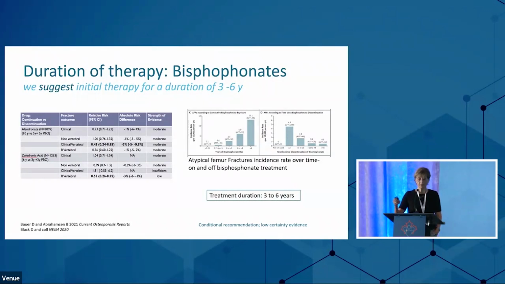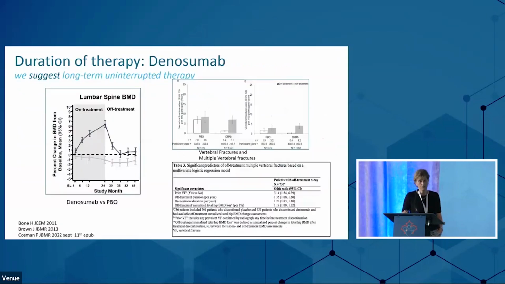On the right-hand side, you can see that the incidence of atypical fractures, even though it is a rare event, does increase with cumulative use of bisphosphonate. And that risk goes down fairly quickly after stopping the medication. So that's why we recommend 3 to 6 years of treatment.